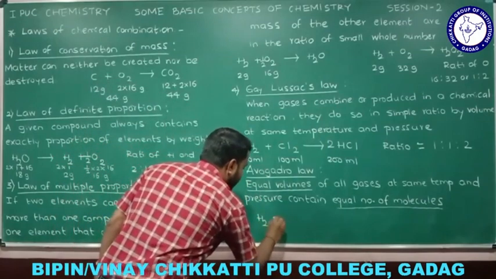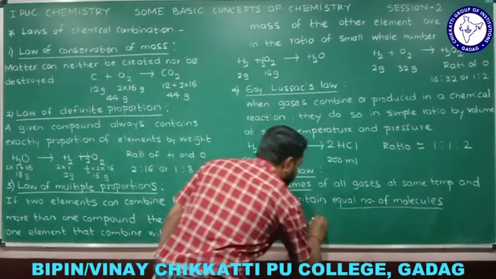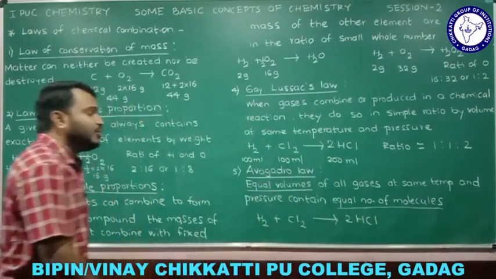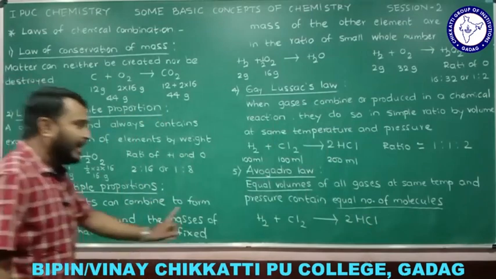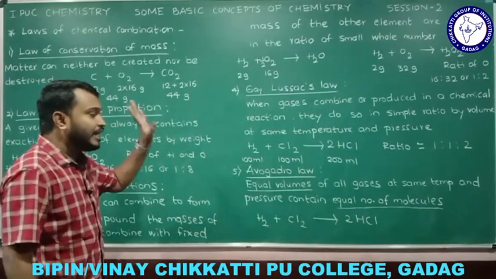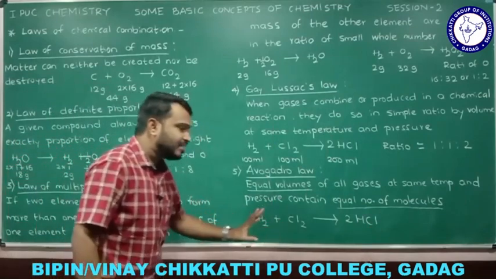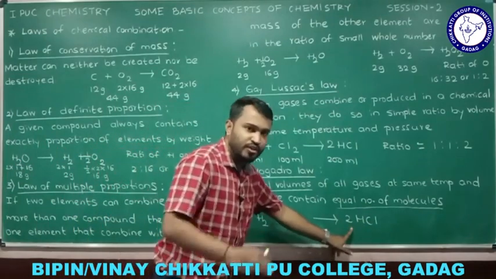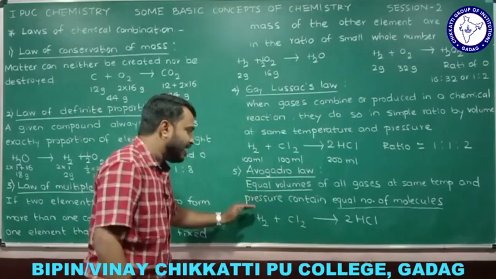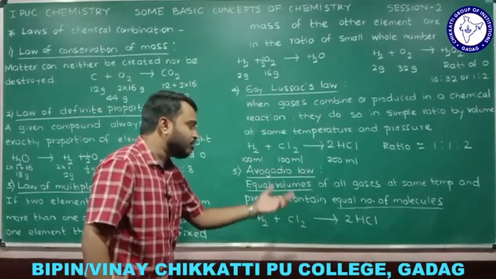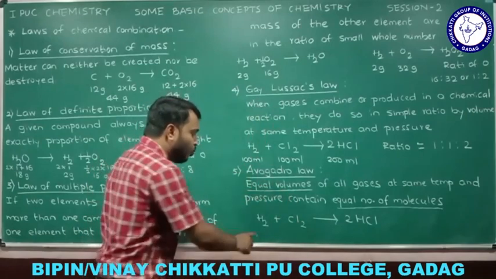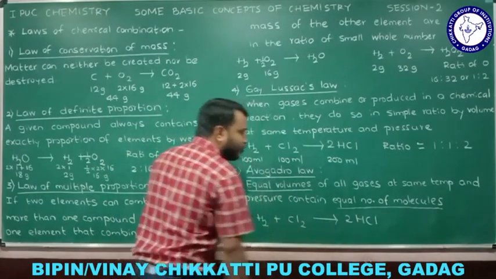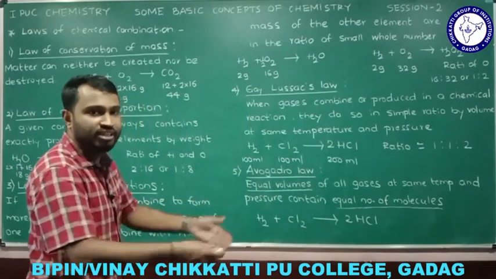The same compound I am going to consider: H2 and Cl2 react in the presence of sunlight. We are going to get 2HCl. I hope we can guess that this follows Gay-Lussac's law, because all are gases, with one volume and two volumes. You can consider any liter or milliliter; in general, one volume of hydrogen combines with one volume of chlorine and you get two molecules of HCl.